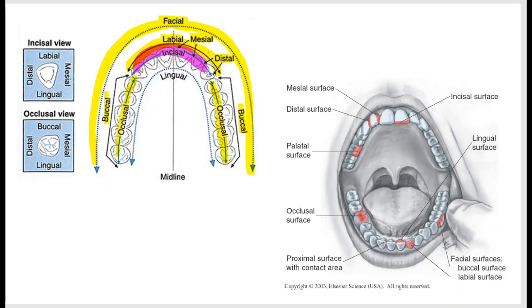Different people learn in different ways, but these are also some surfaces you can see: incisal, mesial, distal, and palatal here, which is towards the palate, on maxillary teeth. Lingual surfaces, occlusal, interproximal surfaces, a proximal area for contact, and these are facial surfaces.